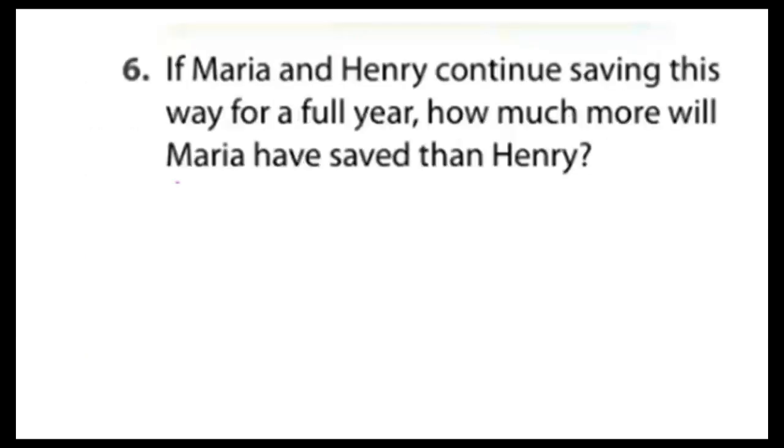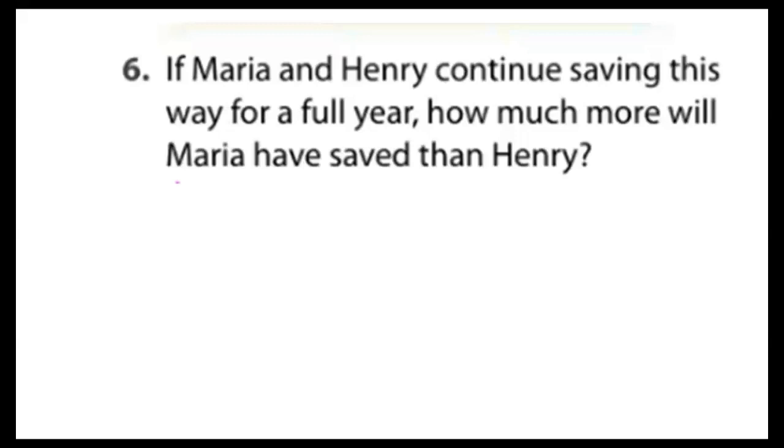If Maria and Henry continue saving in this way for a full year, how many months are there in the year? Yes, 12 months, and the table ends at 6 months. How much more will Maria have saved than Henry? It is not a difficult question, by the way.